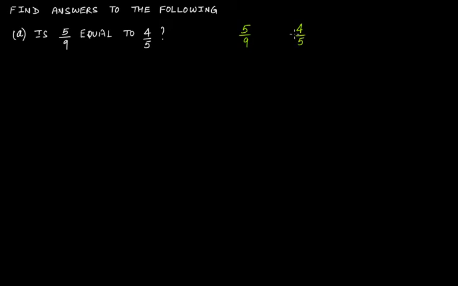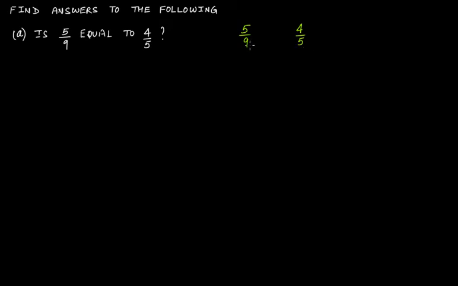So if you remember, in such cases what we do is we always take the LCM of the denominators, and using the LCM we change the fractions into equivalent fractions having their denominator equal to the LCM.